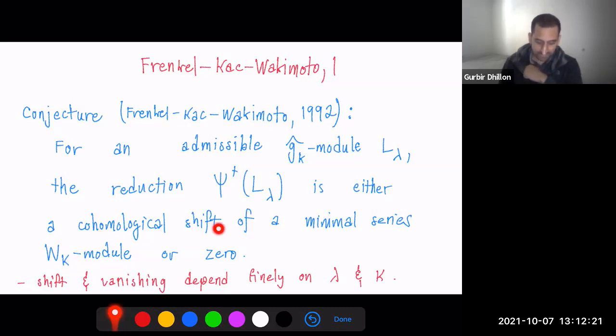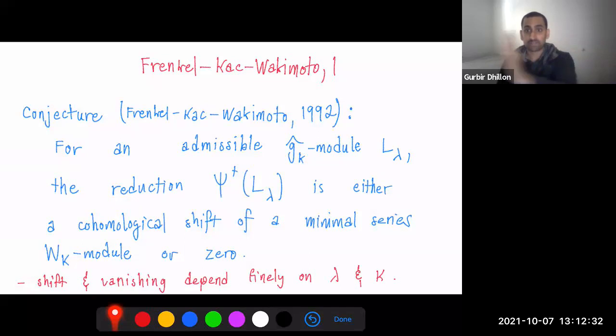But the main subtlety was that it wouldn't always land in degree 0. They did a character analysis and found you get the character you want, but with some funny sign. They're saying that probably comes from the fact that in the derived category, you're just shifting around your minimal series representation.